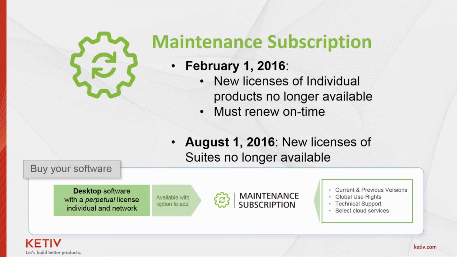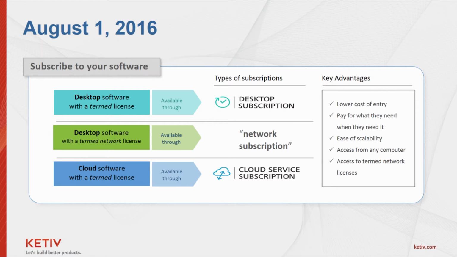So beginning August 1st, product design suite, factory design suite, building design suite, all of the other products that exist will no longer be available to be purchased in a perpetual manner with maintenance subscription. That is really the big change. And after August 1st, your options will be the three options we discussed earlier.